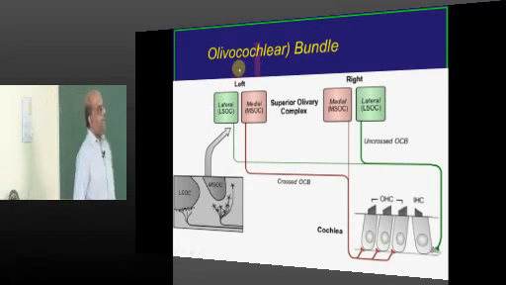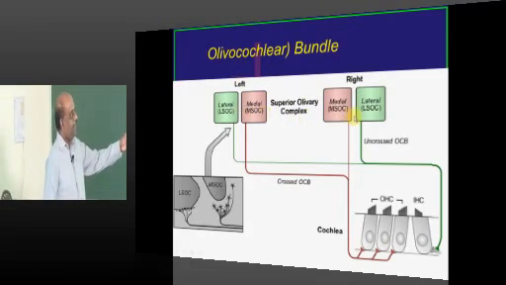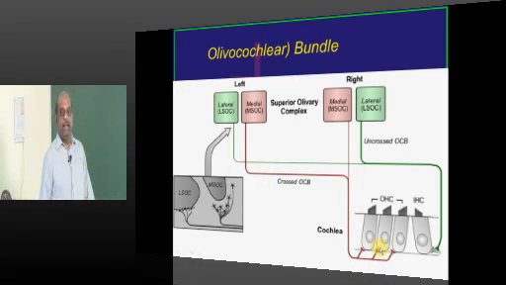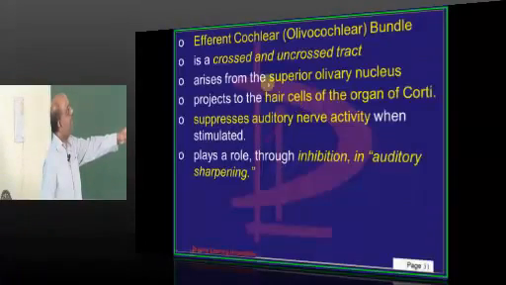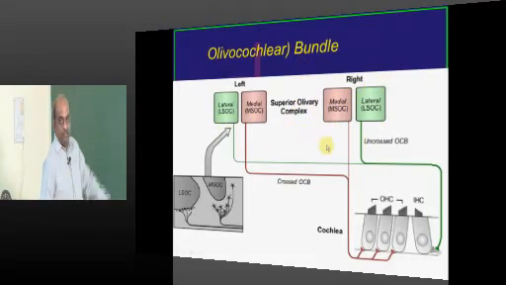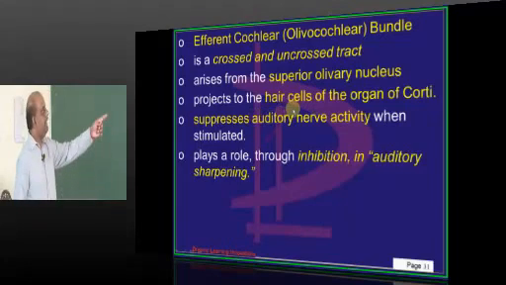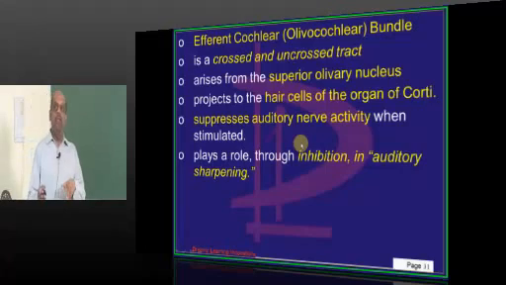So ultimately, I told you, the olivocochlear bundle. What will it be doing? Once more, from the superior olivary complex, fibers will go back and reach the cochlear nerve, and through the cochlear nerve, the hair cells. So you have both crossed and uncrossed fibers in this olivocochlear bundle, and they arise from the superior olivary nucleus, and they ultimately project to the hair cells of the organ of Corti, and they do what is called suppression of the auditory nerve activity.